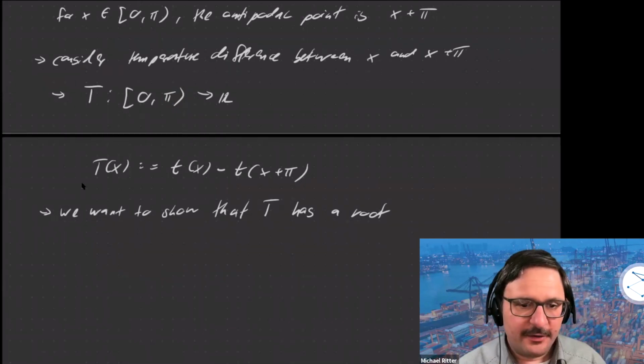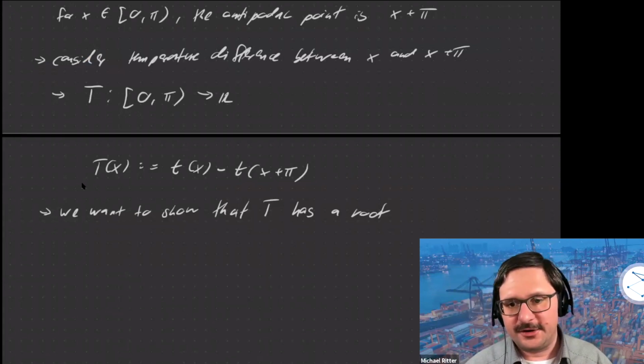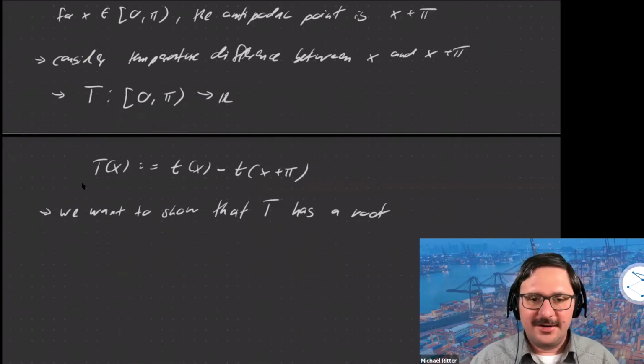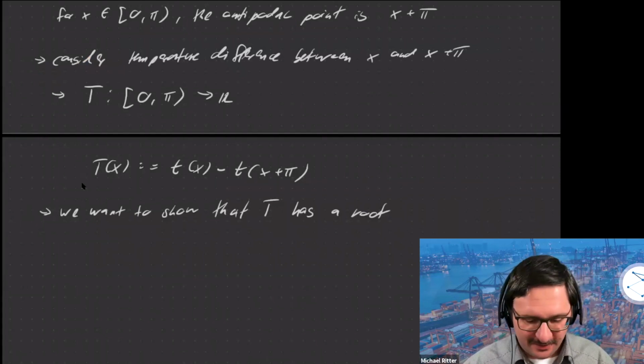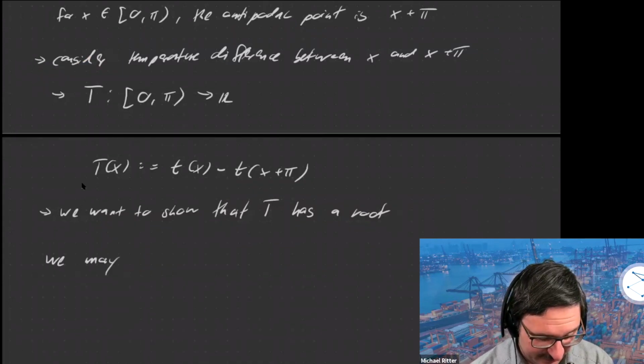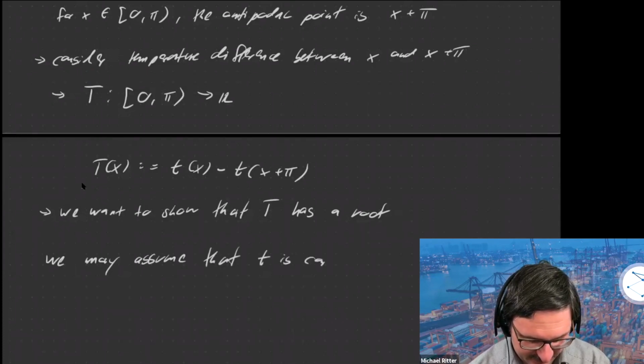Now, basically, the only assumption that we have to make here is that the temperature is continuous along the equator. So the temperature doesn't jump rapidly anywhere. That seems like a reasonable assumption, I would say. So we may safely assume, hopefully, that t is continuous.